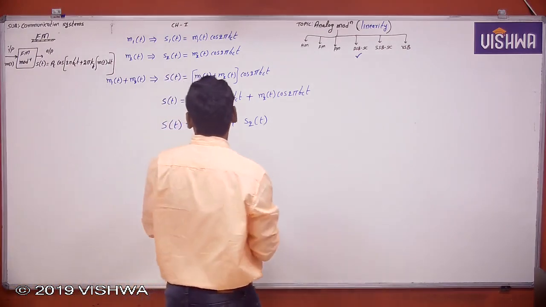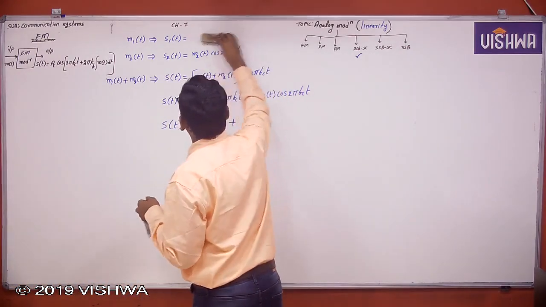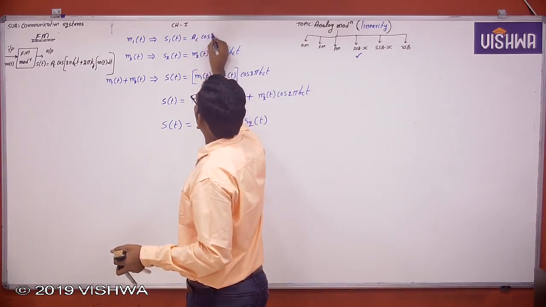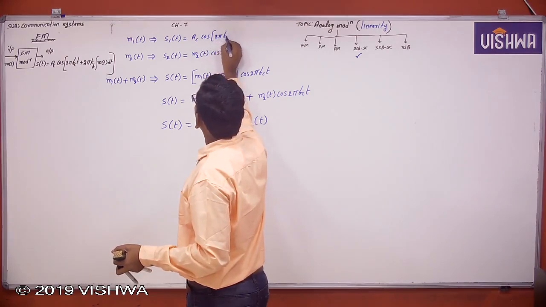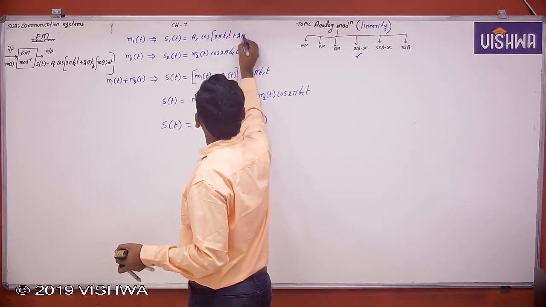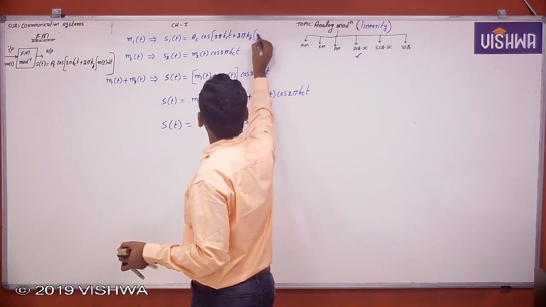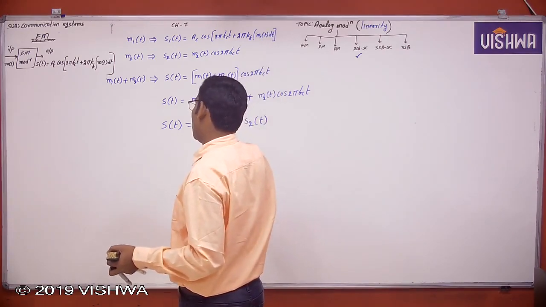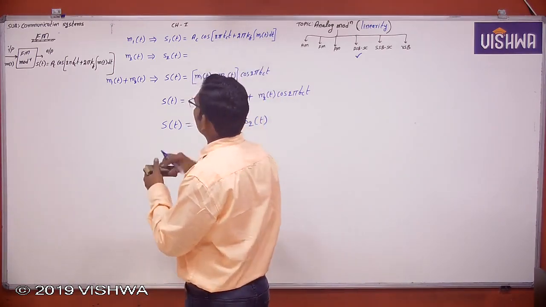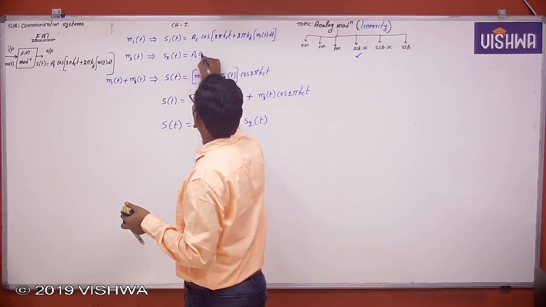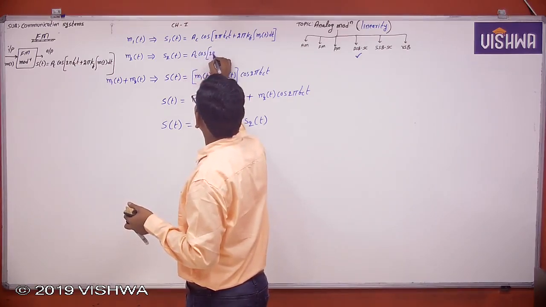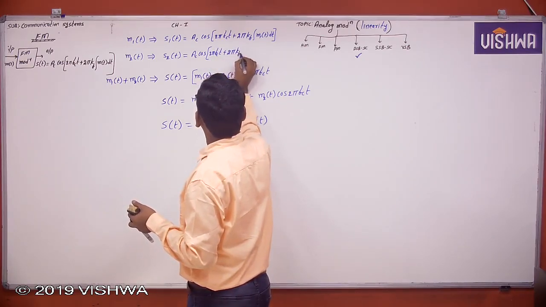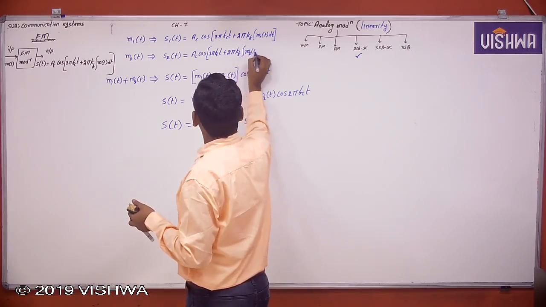So for m1 of t, now this is s1 of t, which is nothing but Ac cos 2 pi fct plus 2 pi kf integral m1 of t dt. Now for m2 of t, which is nothing but Ac cos 2 pi fct plus 2 pi kf integral m2 of t dt.